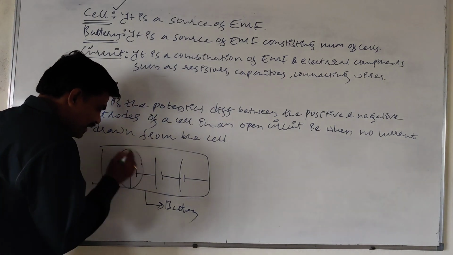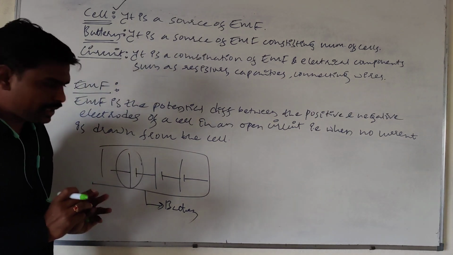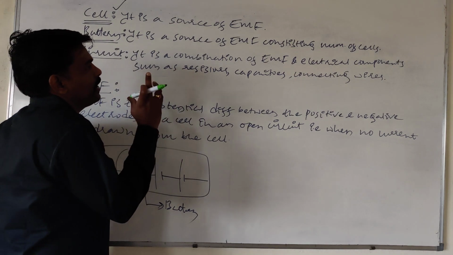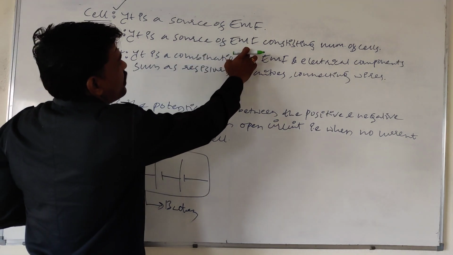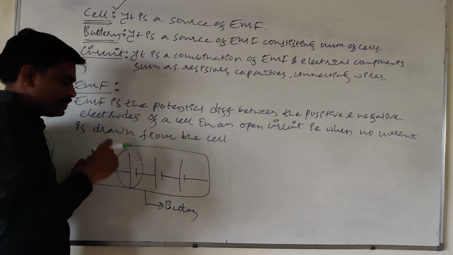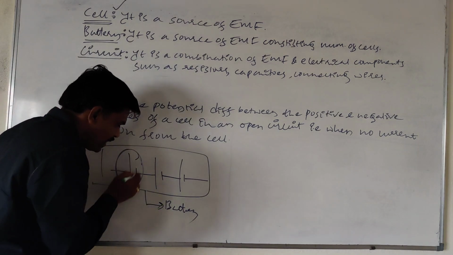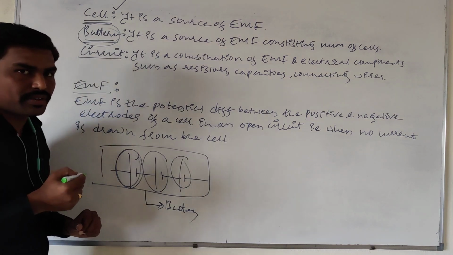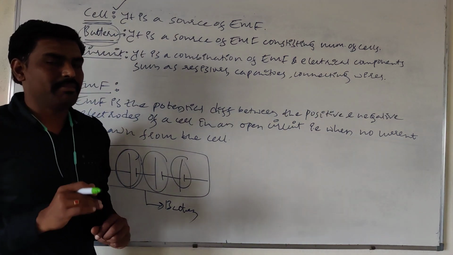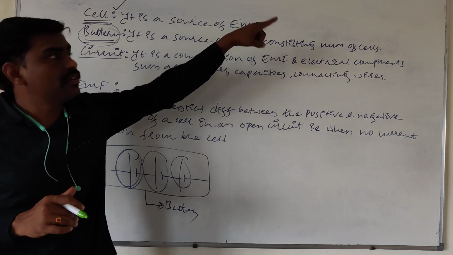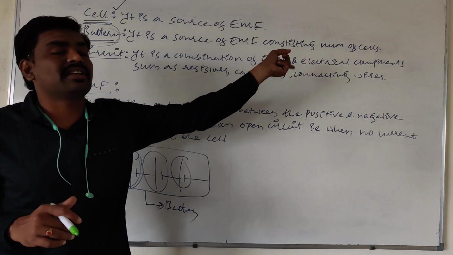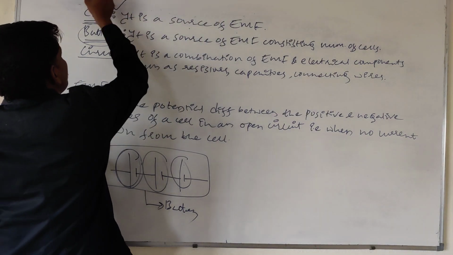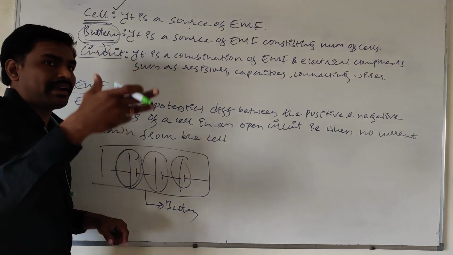It is a cell. The number of cells, so many cells, we are going to call a battery. It is a source of EMF consisting of a number of cells. So EMF is the source in a cell, and cells make a battery.